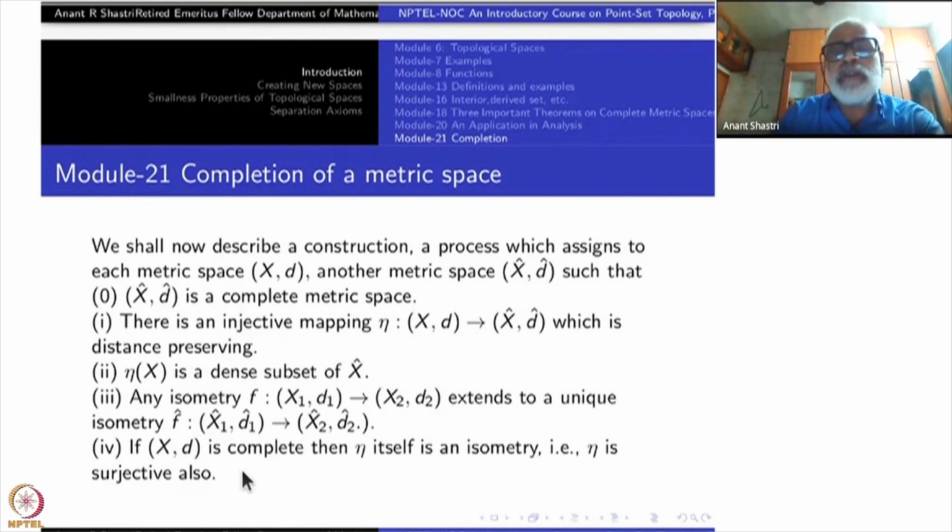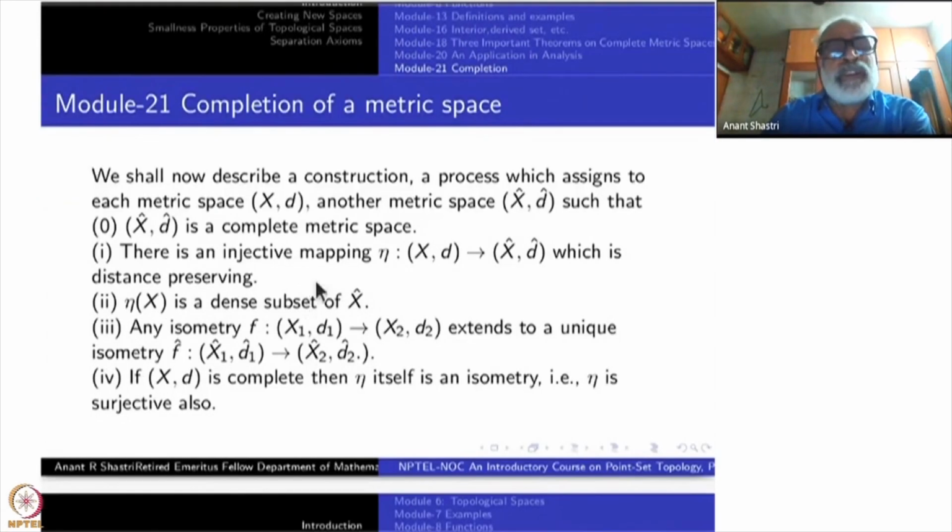That will be surjective, that's all. It's injective, it is an isometry, it is surjective, the inverse will also be isometric. So these 1, 2, 3, 4 explain the relation between (X hat, d hat) and (X, d), the one which we started with.